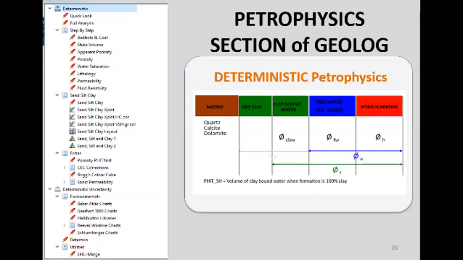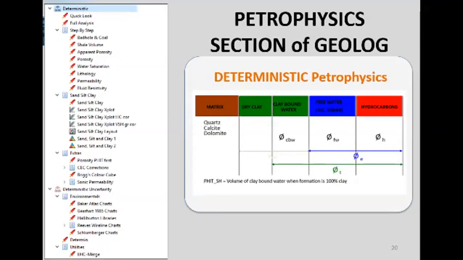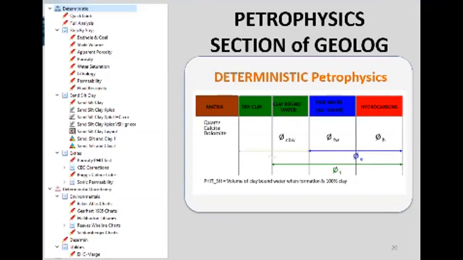Interactive parameter picking and multi-zone, multi-well analysis provide a rapid workflow for formation evaluation. The petrophysics menu lists various modules to perform deterministic analysis. Conceptual models incorporate total and effective porosities and saturation as illustrated in this figure you view.